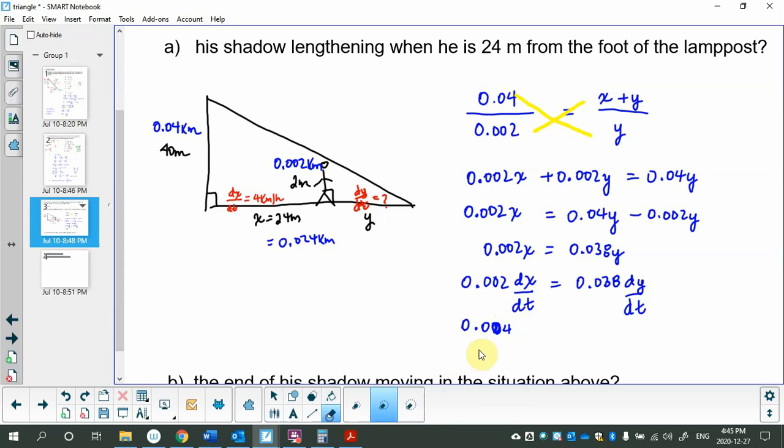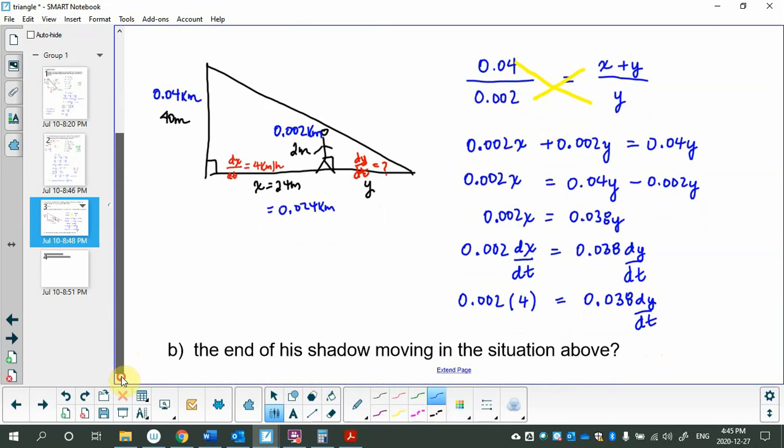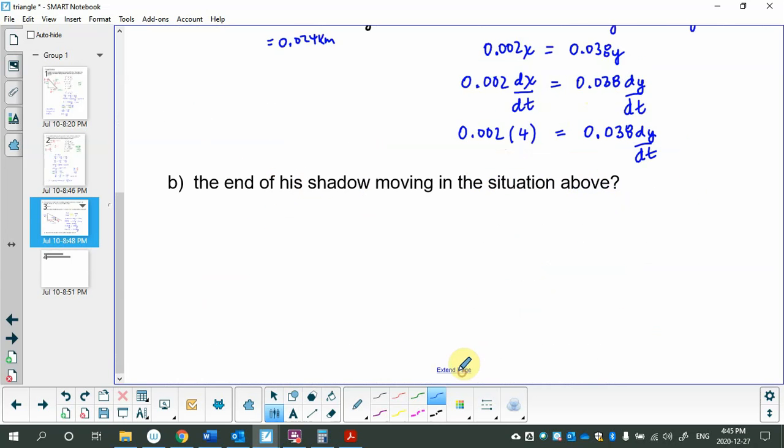Okay, that's how mistakes get made. Let's try that again. 0.002 times 4 equals 0.038 times dy by dt. Oh my gosh, my hand is cramping up. We're trying to isolate dy by dt to get ourselves the answer.